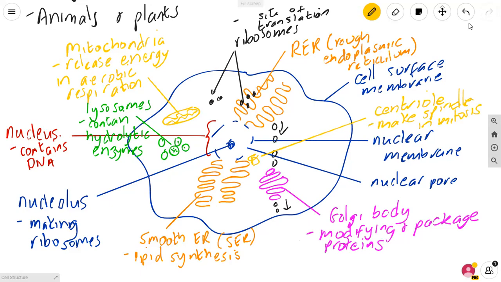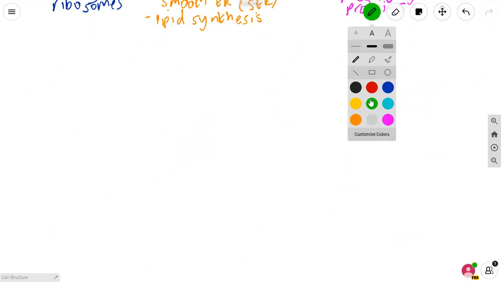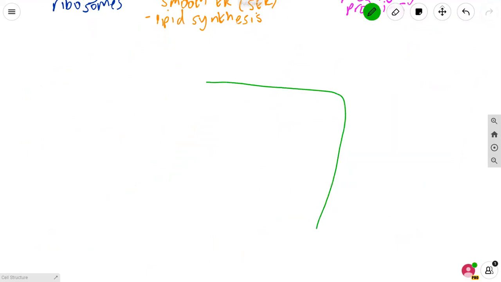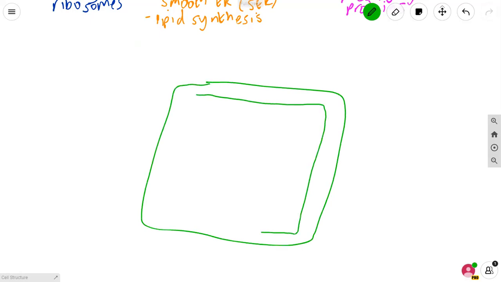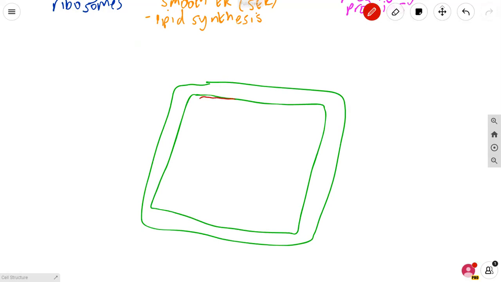So if we move on down, and now we think about a plant cell. A plant cell has all of the same organelles as an animal cell, but some more as well. The only exception is that it doesn't really have centrioles. They're not found in our higher plants.